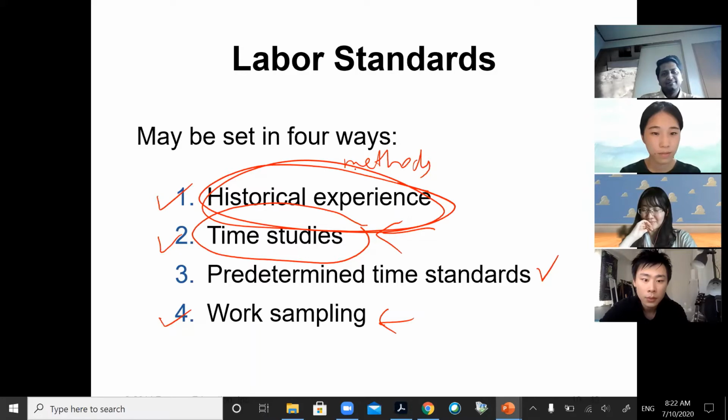Just remember back, historical experience, how long did it take you to complete the case study that I gave you? Yaakob? 1 day, 1 hour, 2 hours? It's okay, it's not a right or wrong answer. It's historical experience. Nian? About 4 hours, I think.